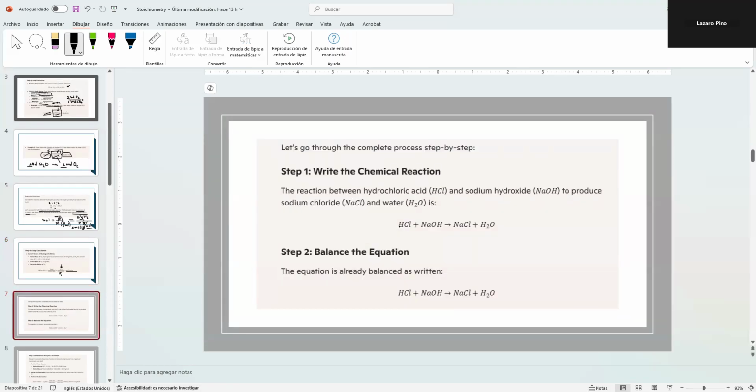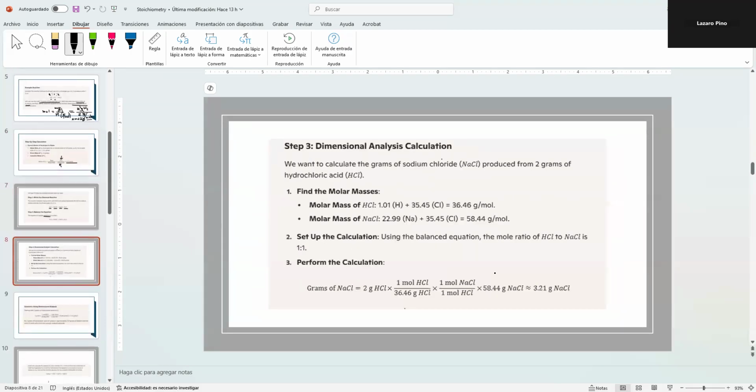Now, we have the chemical equation between hydrochloric acid and sodium hydroxide to produce sodium chloride and water. As you can see, this equation is already balanced. Then we want to calculate the grams of sodium chloride that are produced from 2 grams of hydrochloric acid.